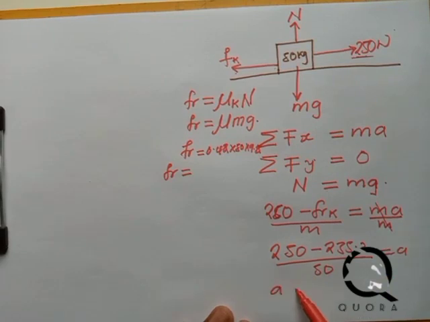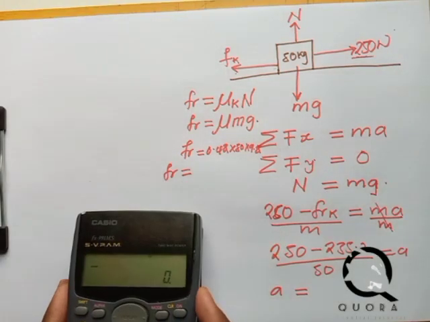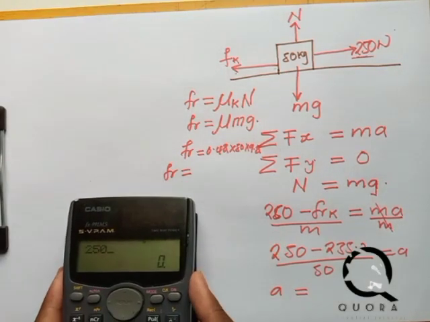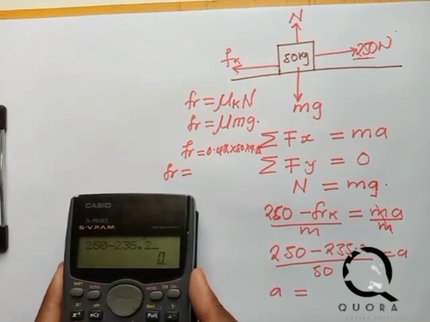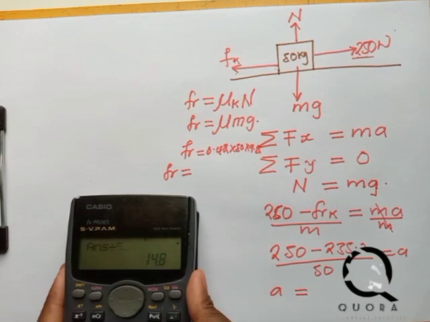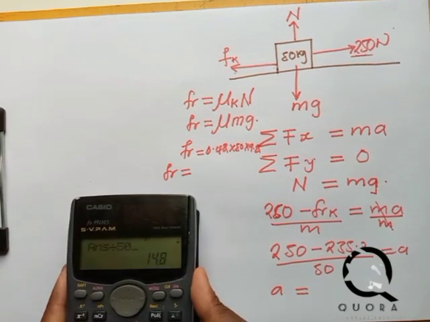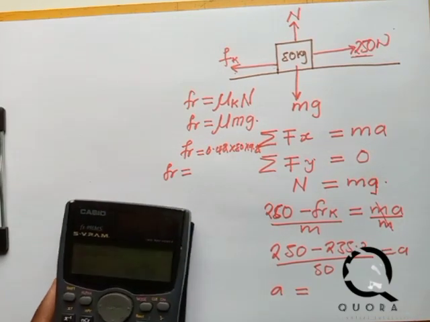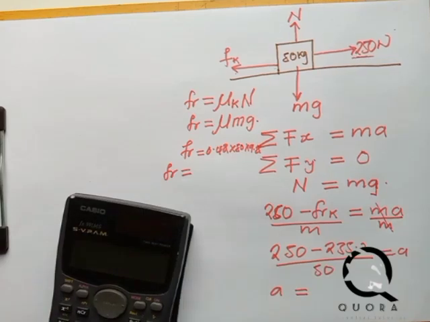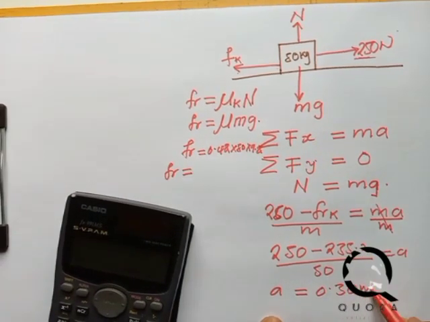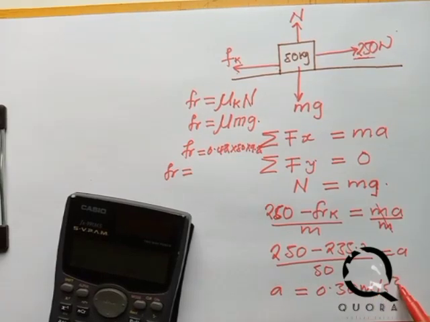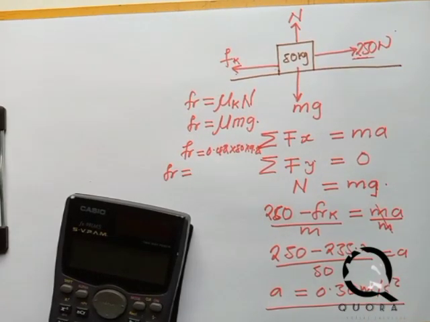So 250 minus 235.2, then I divide this whole thing by 50, and I'm getting the acceleration as 0.30 meters per second squared.